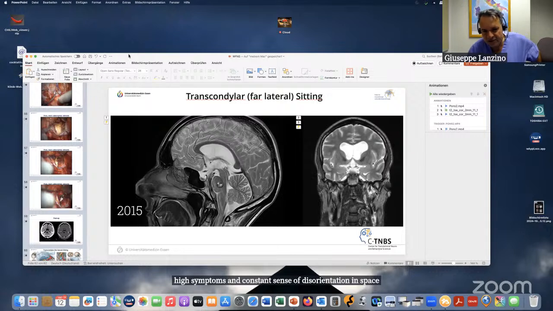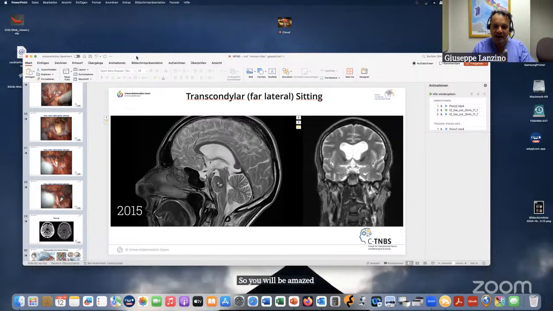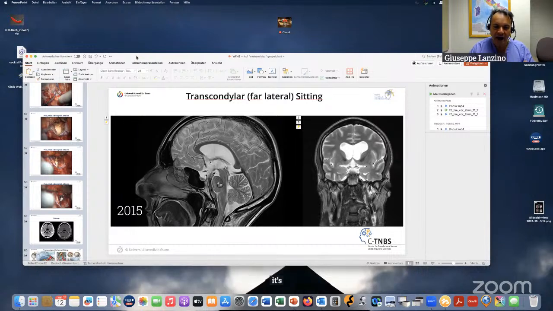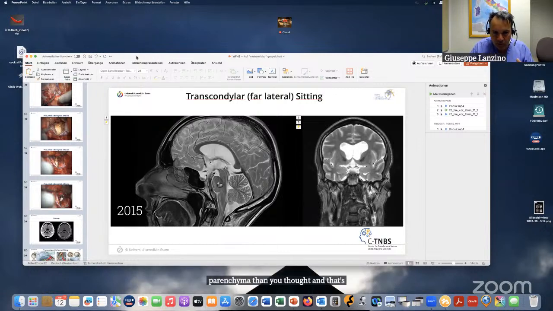And remember, the cavernous malformation displaces rather than destroys surrounding brain. So you will be amazed at how much normal parenchyma is there, even though on the MRI you get the impression that the cavernous malformation is very close to the surface. After you remove it, you realize there was much more parenchyma than you thought, because, of course, the parenchyma was extremely compressed.